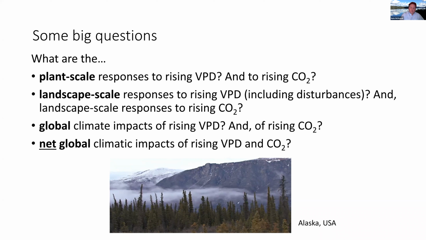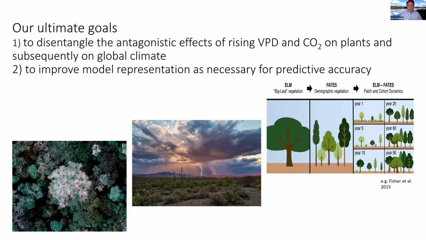And then ultimately, we want to couple this knowledge at the plant and ecosystem and landscape scales to the global climate impacts. If we have changes in transpiration, albedo, et cetera, what does this do? And what are the net impacts? I'm not telling any of you anything new, but I just wanted to get going so we're all on the same page to remind me what my goals are.